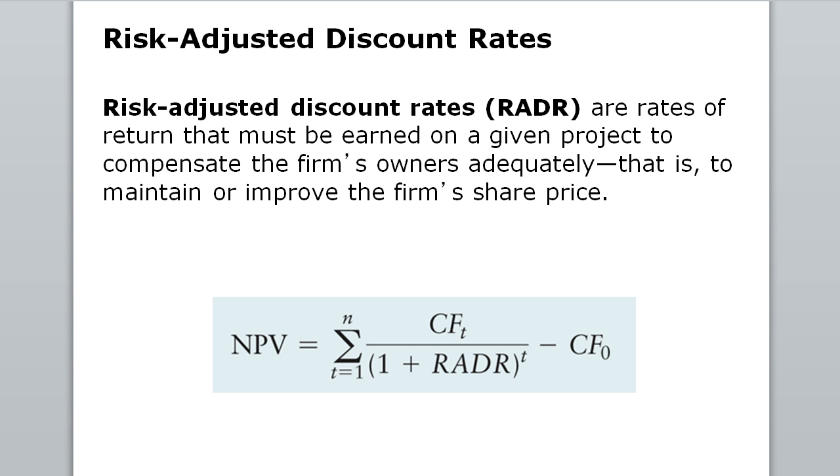This brings us to the risk-adjusted discount rates, or the RADR. One way that we can modify the net present value is to increase or decrease the discount rate based on the risks associated with the project. So we start with the company's discount rate, which is often thought of as the weighted average cost of capital, and we may want to add a factor to this.